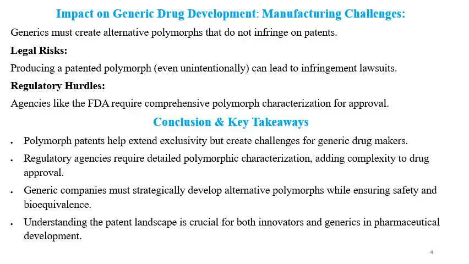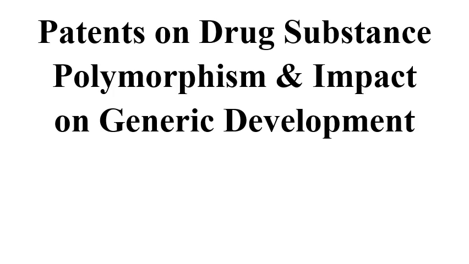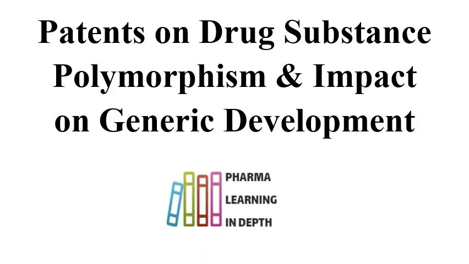Many of the times the alternative polymorph than the patented polymorph is very difficult to manufacture. This is the information on patents on the drug substance polymorphism and impact on the generic development.